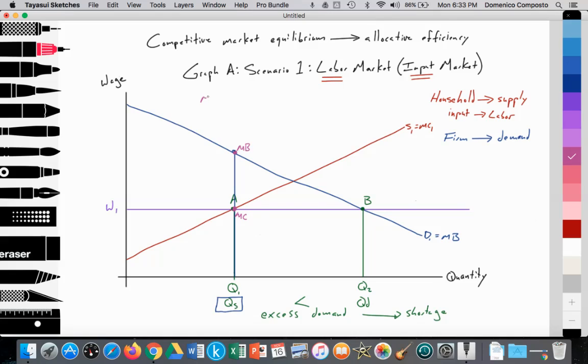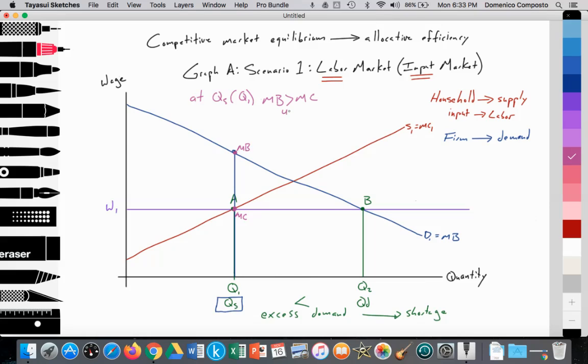So whenever MB, right, we'll make a note at, actually, let me give myself a little bit more room to write. So at quantity supplied, or at Q1, we notice that the marginal benefit is greater than the marginal cost.